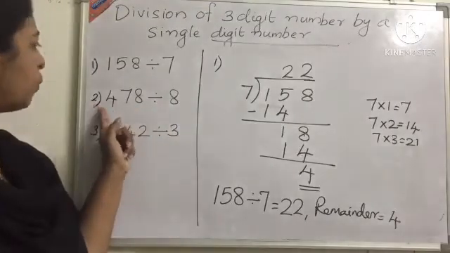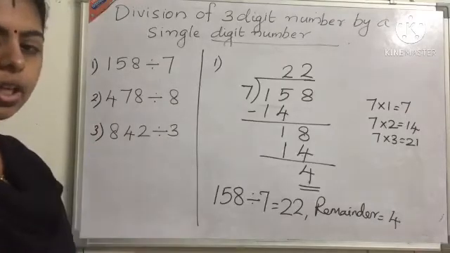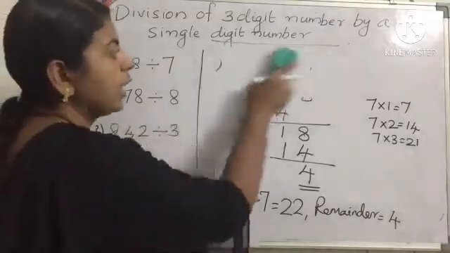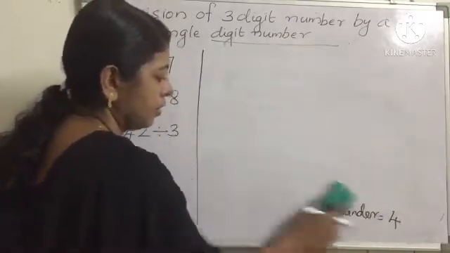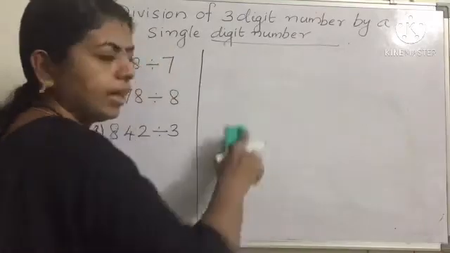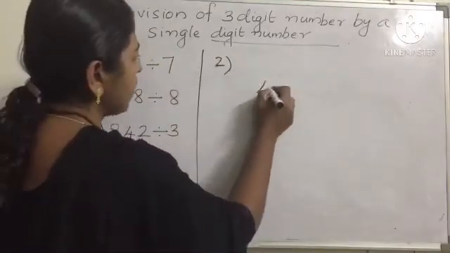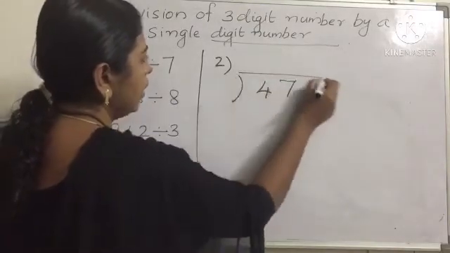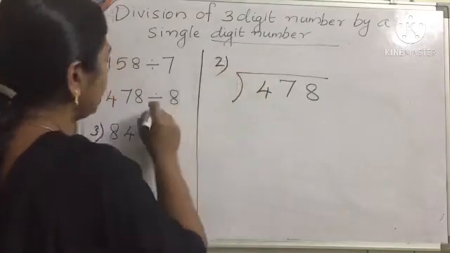The second question is 478 divided by 8. For this we want to know the multiplication table of 8. Then the second one, 478 divided by 8.